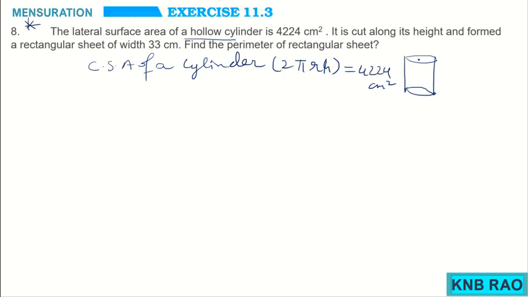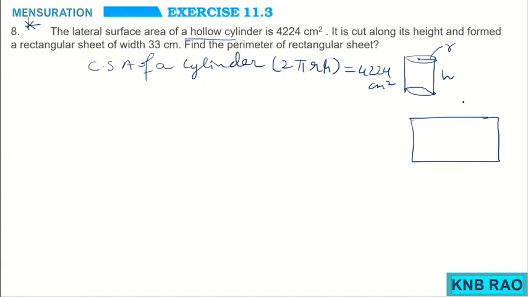But here we don't know what is the radius and what is the height. Next, it is cut along the height, and has been spread and formed a rectangular sheet of width 33 centimeter.